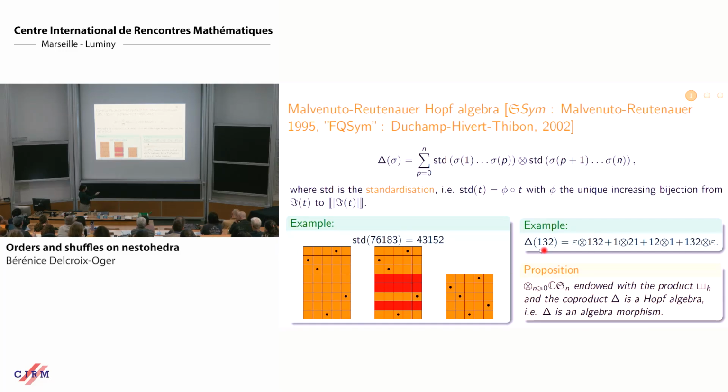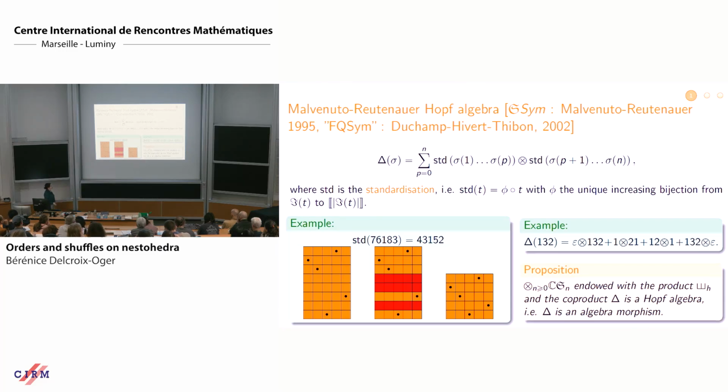So for instance, on 1, 3, 2, we can choose no letters, we get the empty word. Or we can choose just the first letter, 1, and 3, 2 gets standardized to 2, 1. Or we can choose 1, 3, which is standardized to 1, 2, and 2 gives 1. Or we can choose the 3 letters of 1, 3, 2, and we get this term in the coproduct.